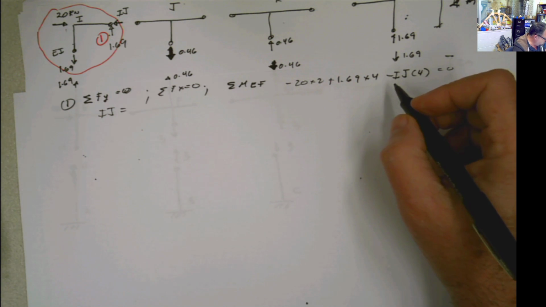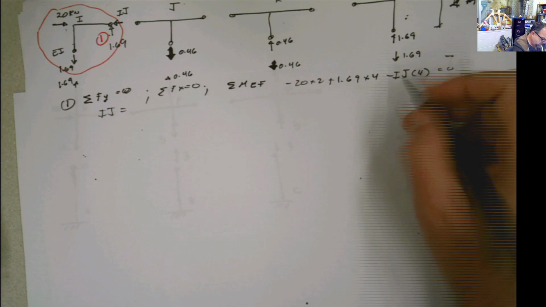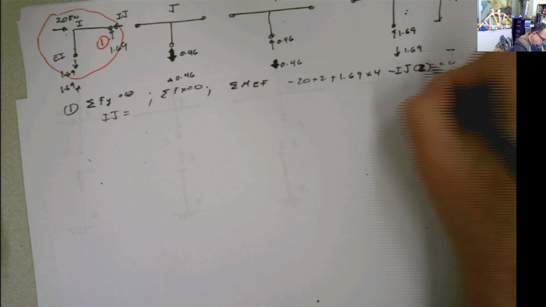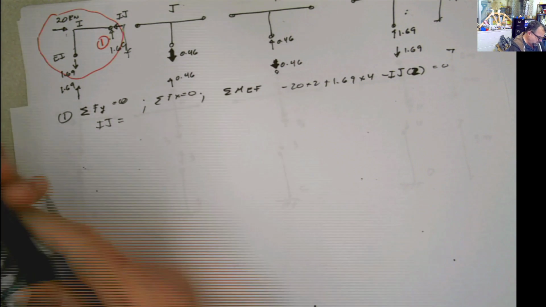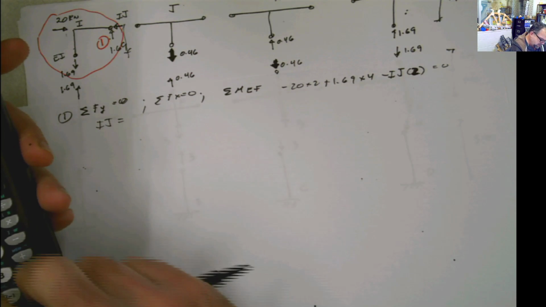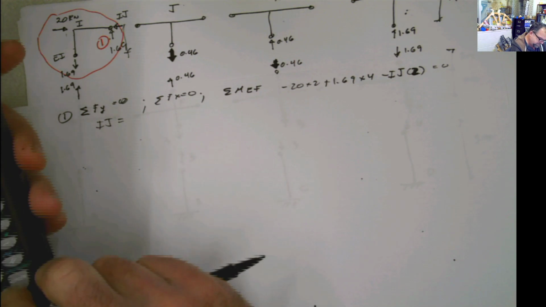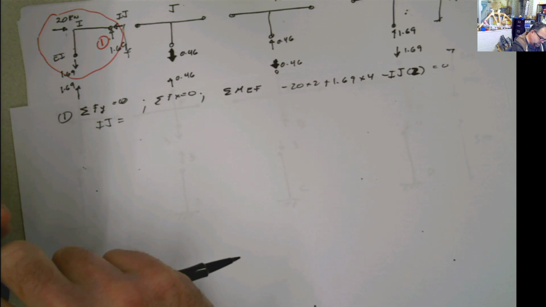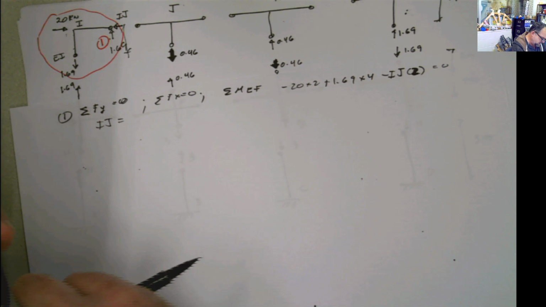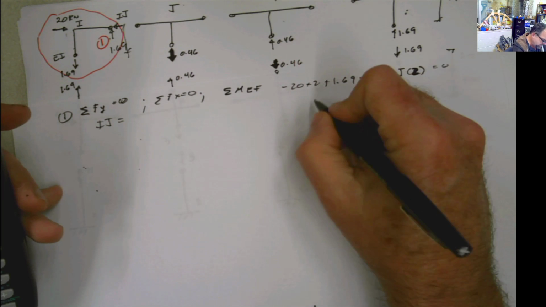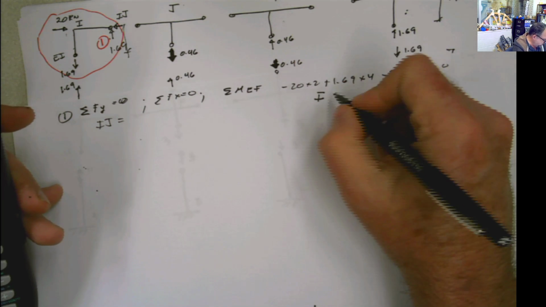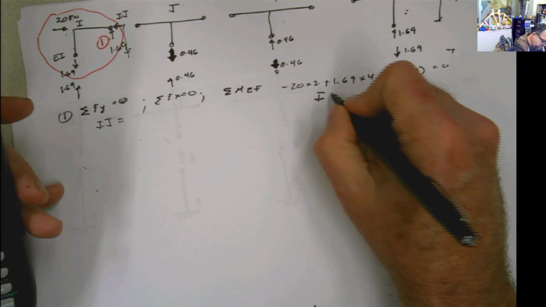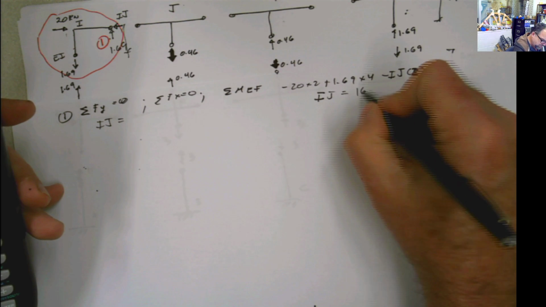IJ times 2, not times 4, times 2. So 40 minus 1.69 times 4 divided by 2, that's 16. IJ is 16.62.